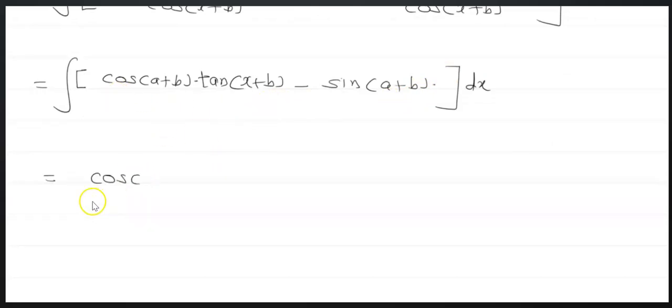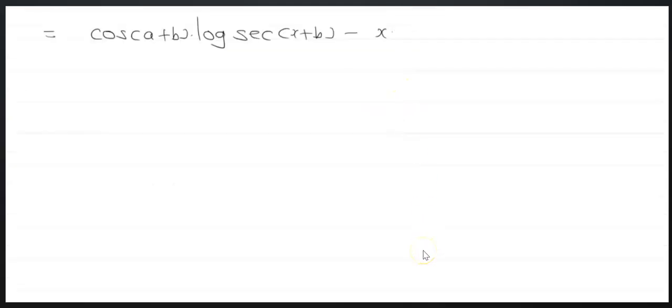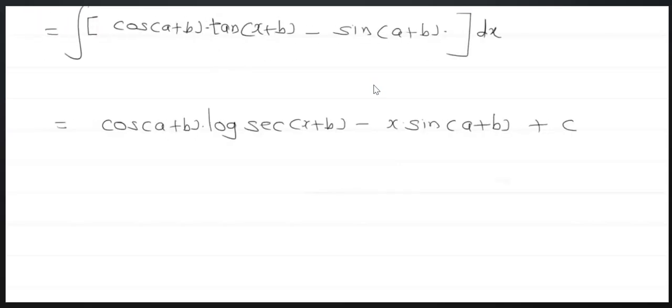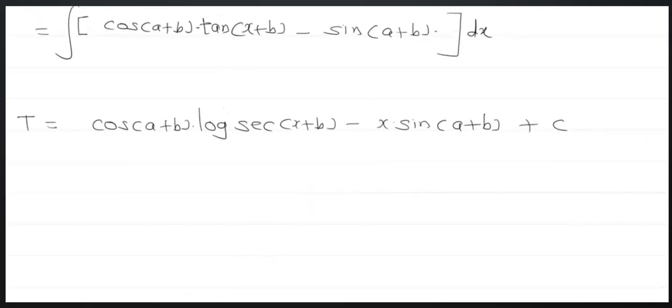Now integrate this, that is the cos of a plus b integral of tan of x plus b is a log of sec of x plus b, and integral of sin of a plus b, this is the constant, that is the x into sin of a plus b. The constant, plus c. This is the final answer, that is the I is equals to.